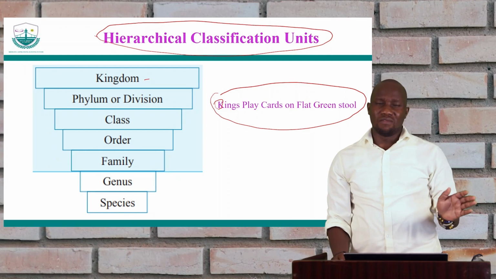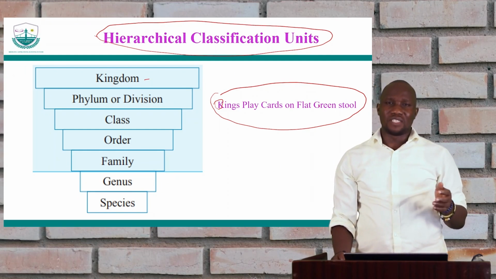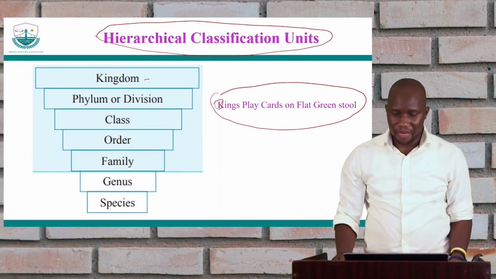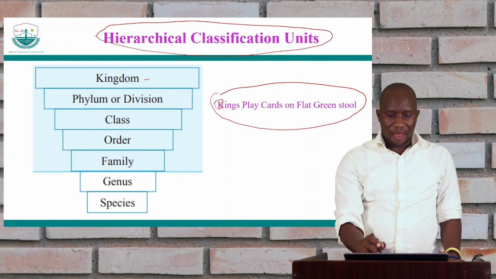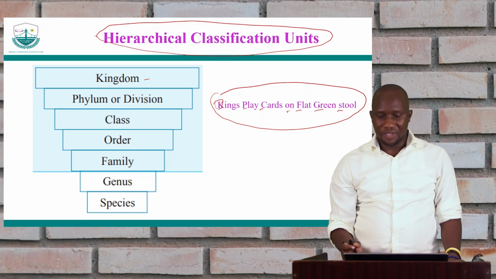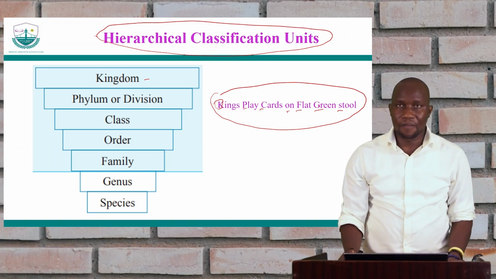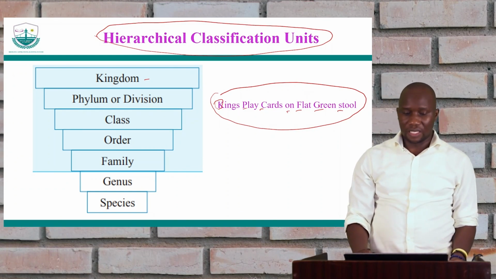Kings represent kingdom, and then P is phyla, C is class, O is order, F is family, G is genus, and species is S. So that mnemonic can help you remember that order, because that order is very important.